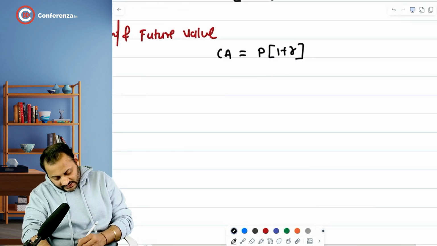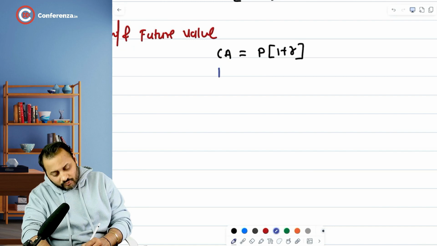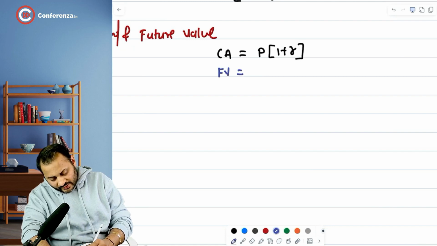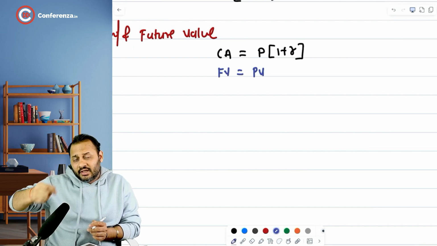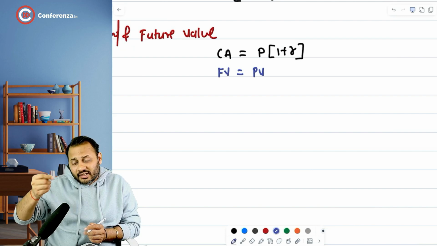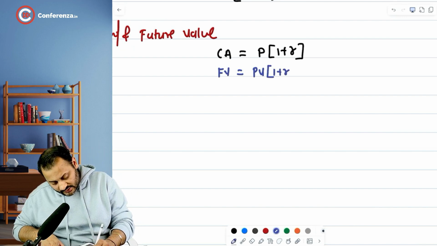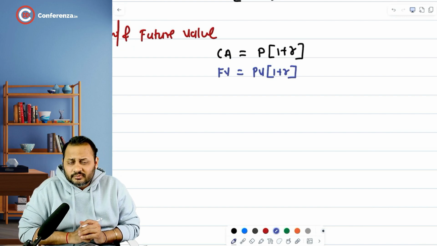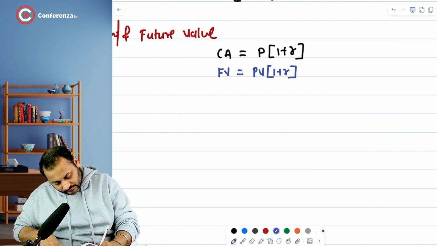Okay. So once we change this formula, we will call the compound amount the future value and principal the present value, isn't it? Principal is something that you are investing today, that's the present tense, and compound amount is something that you are receiving in future, that's why we call it future value in bracket 1 plus r. Simple. This 1 plus r is called, we can write it like this, present value into future value factor.